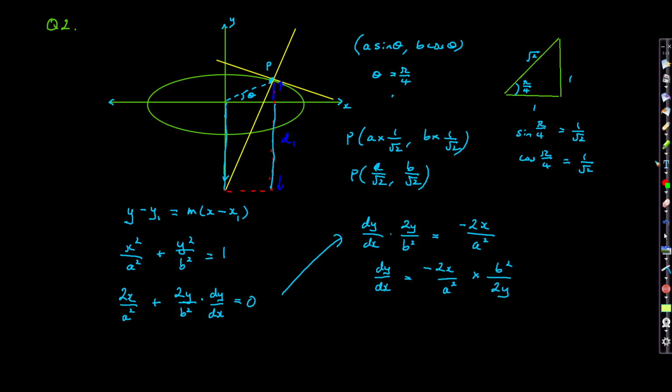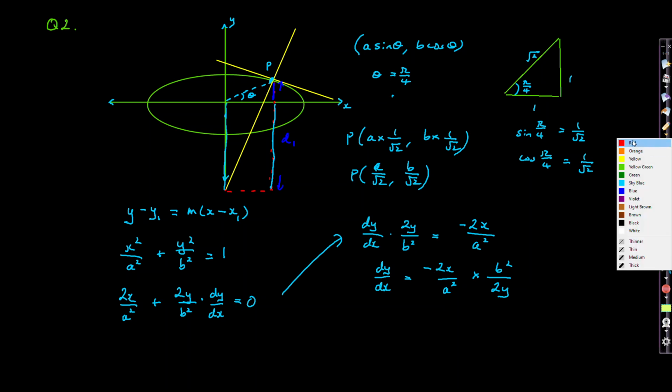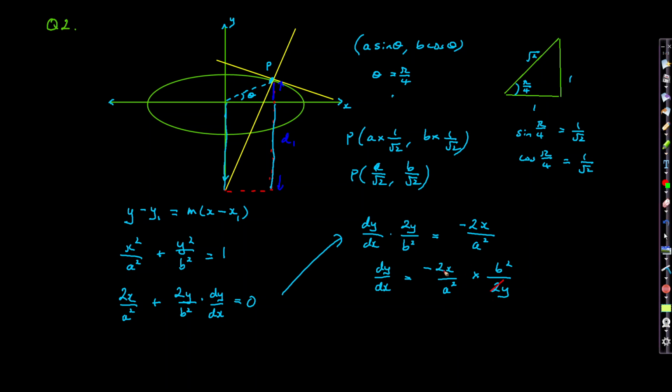Going to get a little bit of cancelling going on. So the 2 will cancel. And what have we got? dy/dx would equal negative b squared x over a squared y.